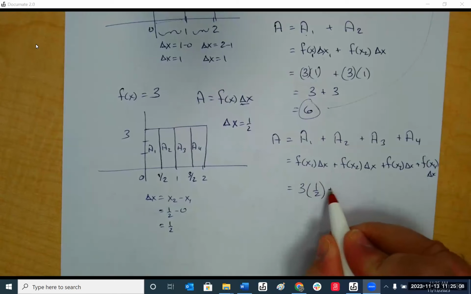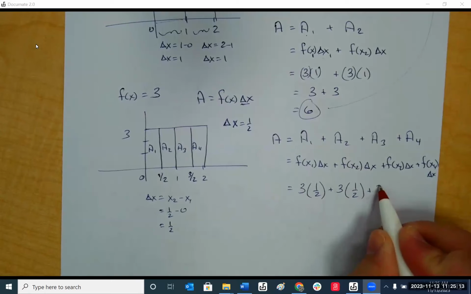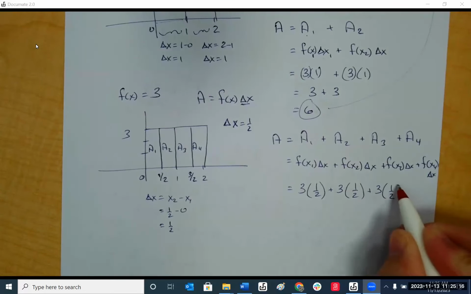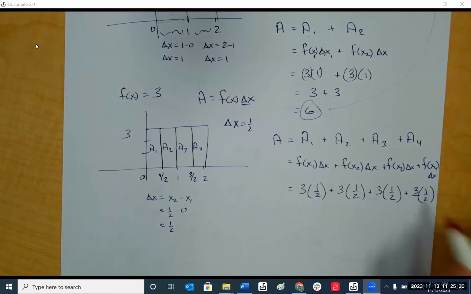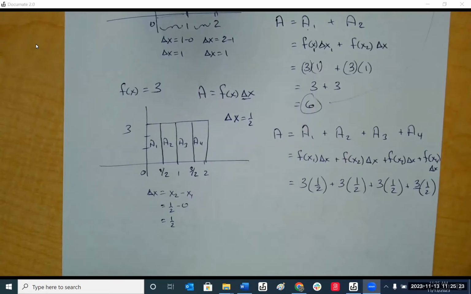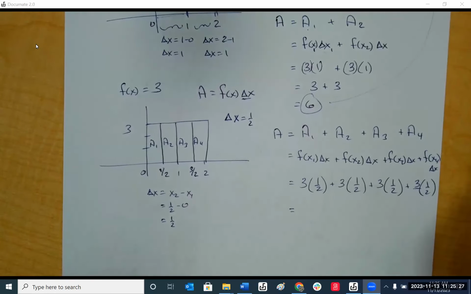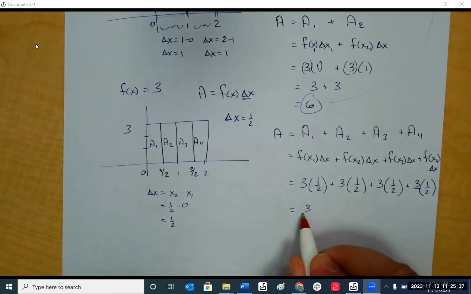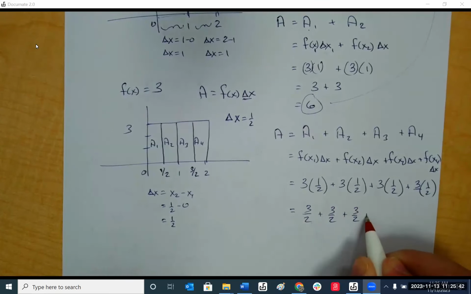Three times a half, 3 times a half, 3 times a half, 3 times a half. So that becomes 3/2, 3/2, 3/2, 3/2.